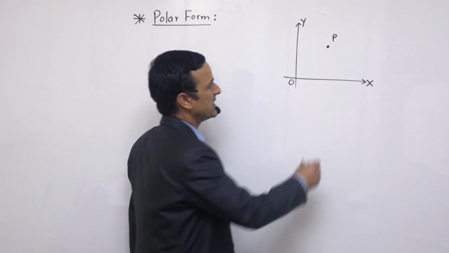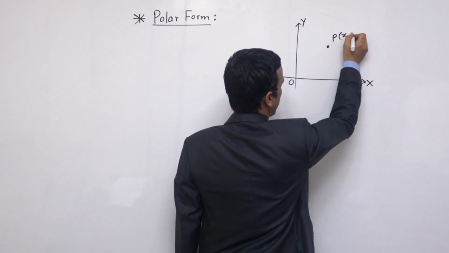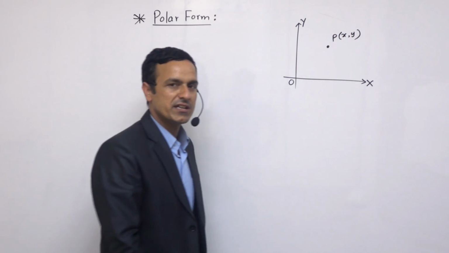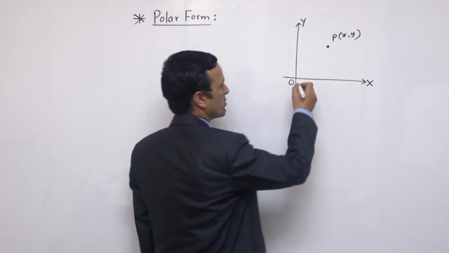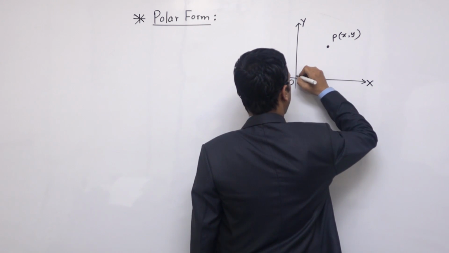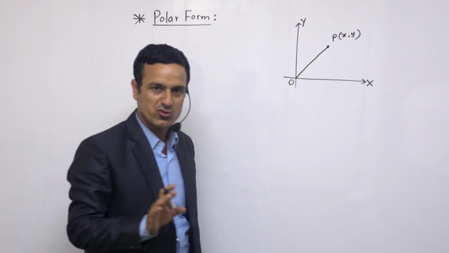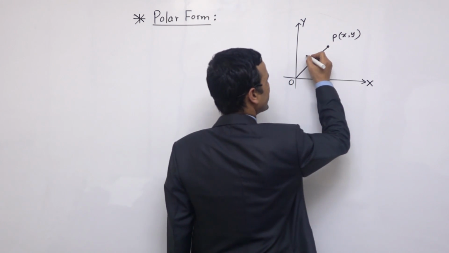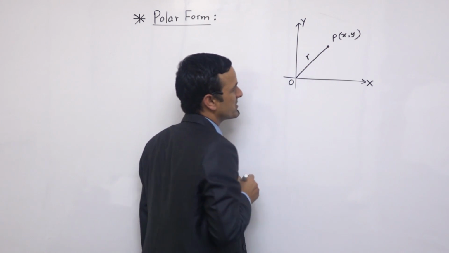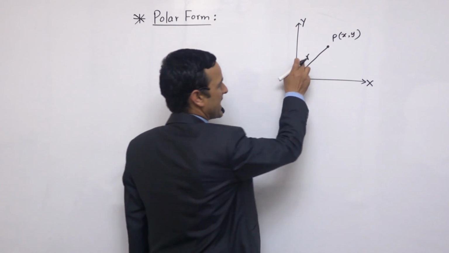एउटा कुनै point P लियौं, which coordinate is x comma y, जसको coordinate x comma y छ. So let's draw the line from O to P. O बाट P सम्म एउटा line draw गरौँ र त्यो length लाई हामी r लेखौँ. So it is supposed by r.